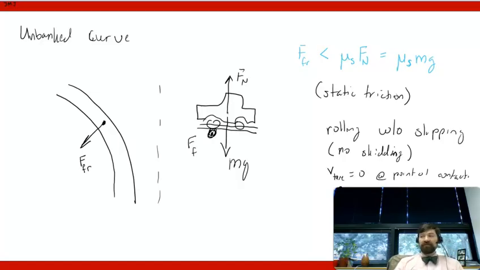This is not saying that the wheel itself is not moving. It's not saying that no point on the wheel or car is moving. It's just saying that the one point on the tire that's touching the road happens to have a speed of 0 relative to the road.